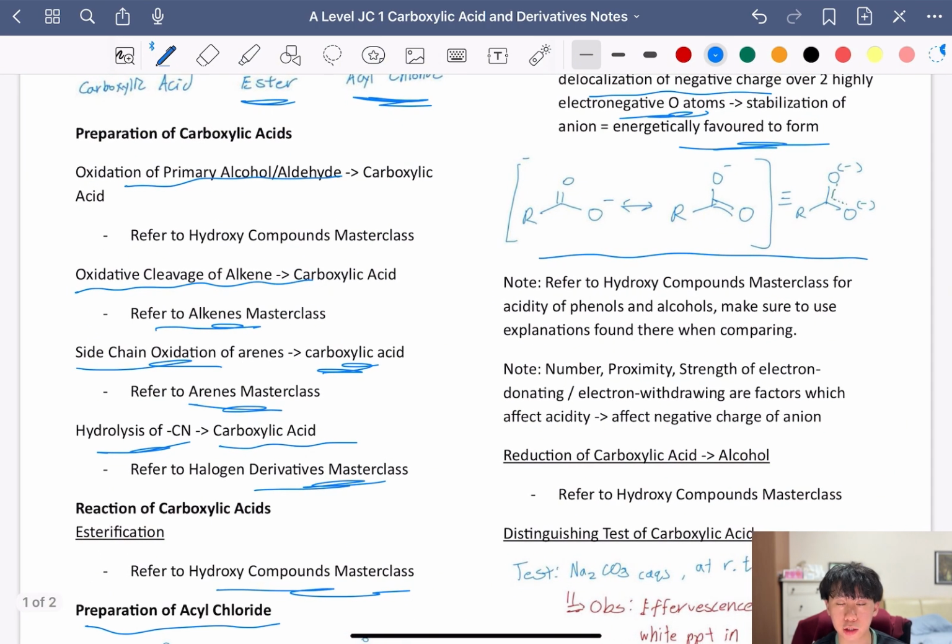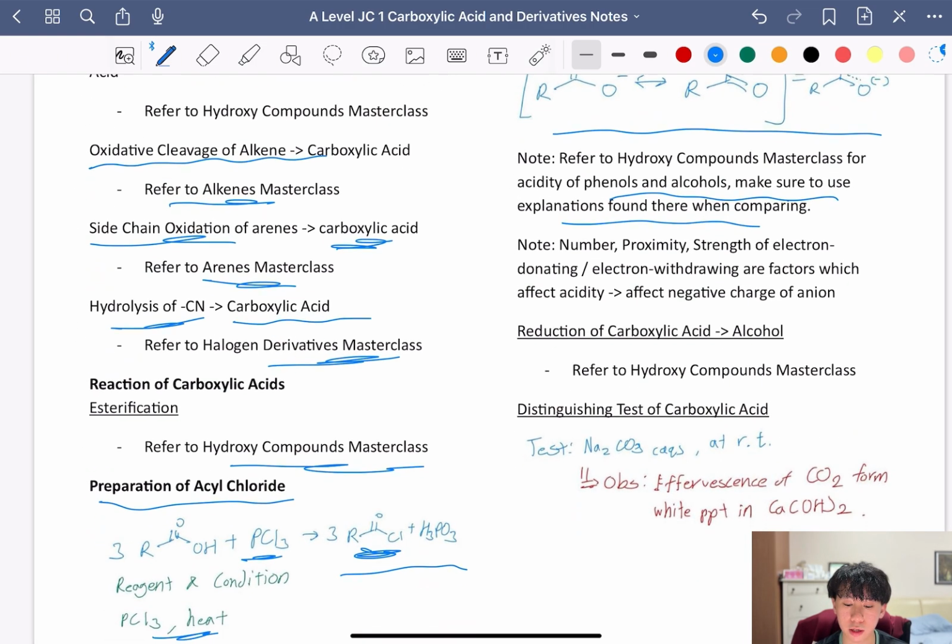Now do refer to my hydroxy compounds masterclass as well when it comes to comparing the acidity between carboxylic acids and your alcohols and your phenols and water. And make sure to use the explanations found in those masterclasses there as well when you're comparing.